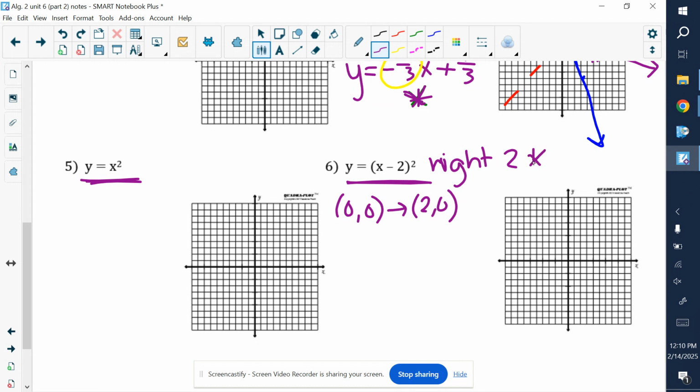So I'm going to graph this one in this purple color. So I'm going to go over to 2, 0, and then from there, over 1, up 1. It's really hard for me to see when I'm using my fingers. And then over 2, up 4.